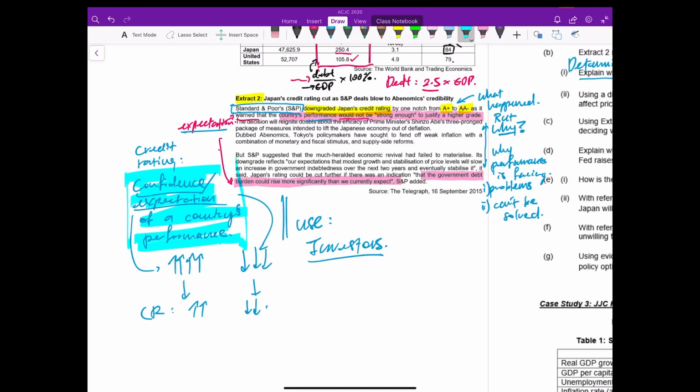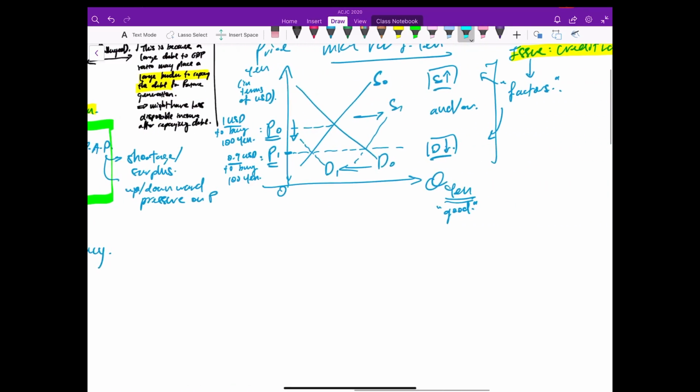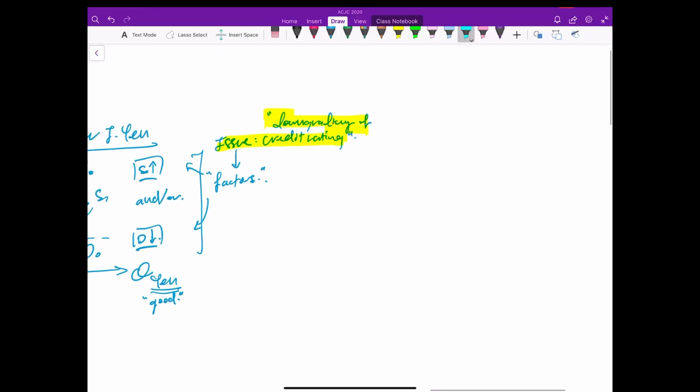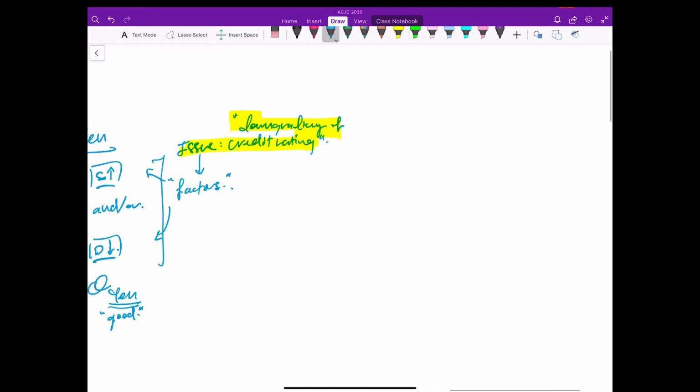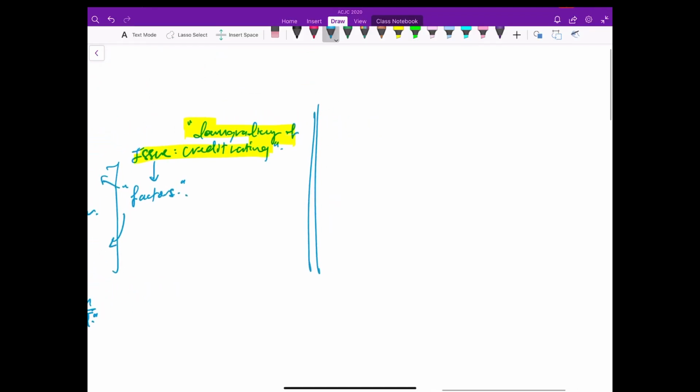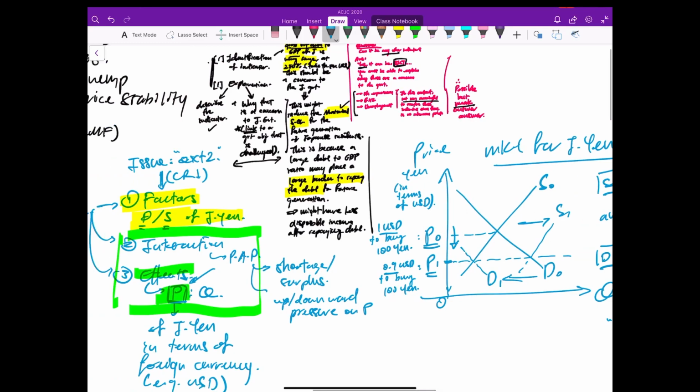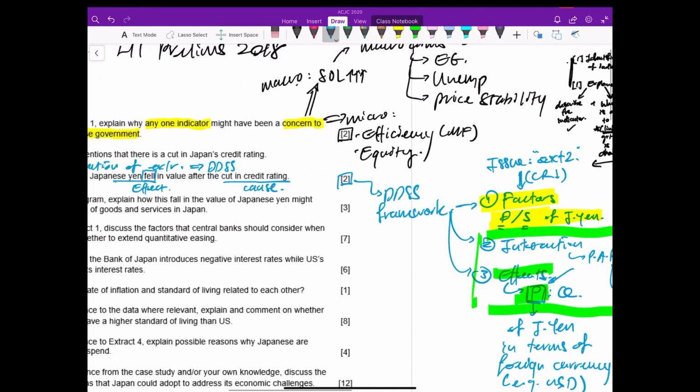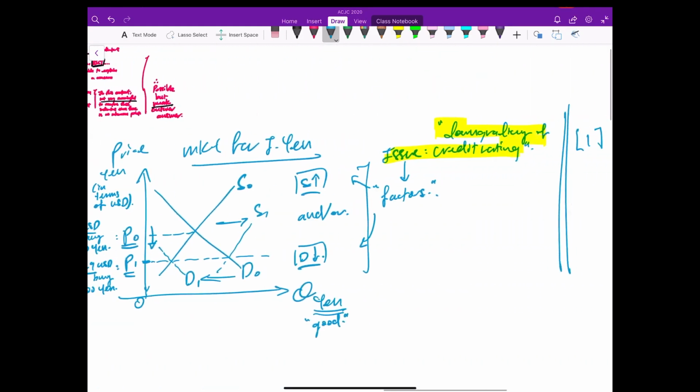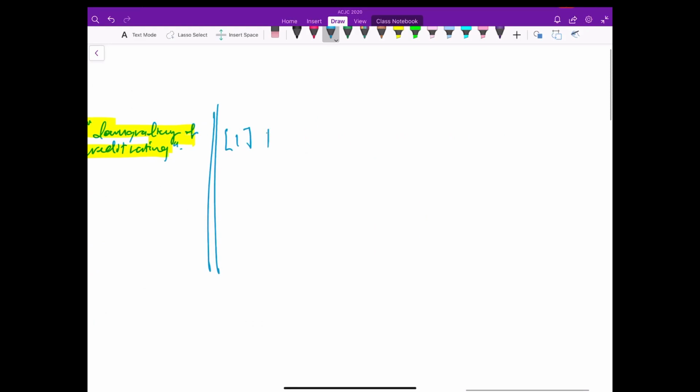So let's head back to answering the question. And now also let's keep in mind the mark allocation. This question has 2 marks. Yes, correct, it's 2 marks. So the first mark will be to explain the factor.